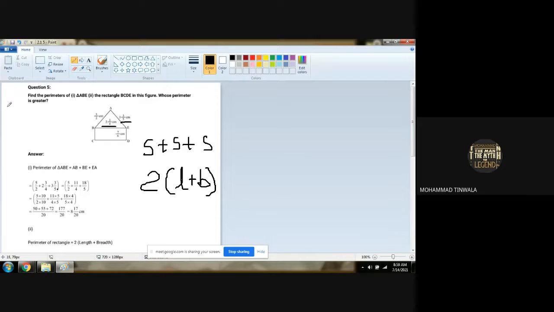So 5/2 stays as it is. This mixed fraction, how do we convert it? The denominator is multiplied with the integer and added to the numerator, over 4 as it is. And for this one, the denominator is multiplied with the integer, plus the numerator, over 5 as it is.